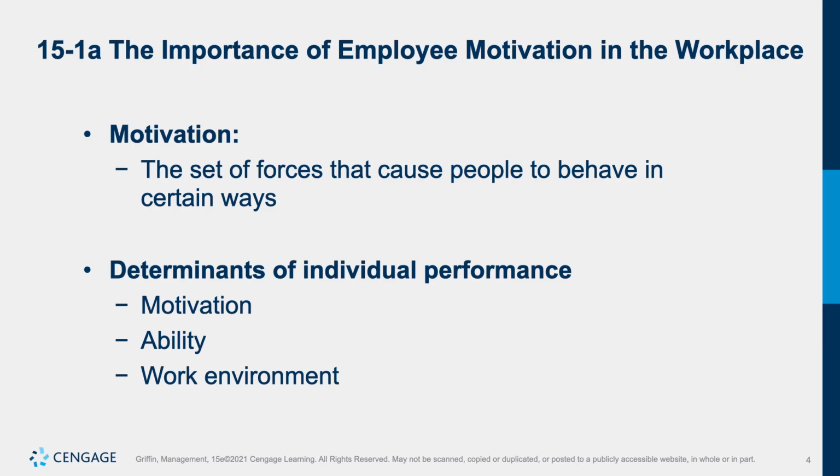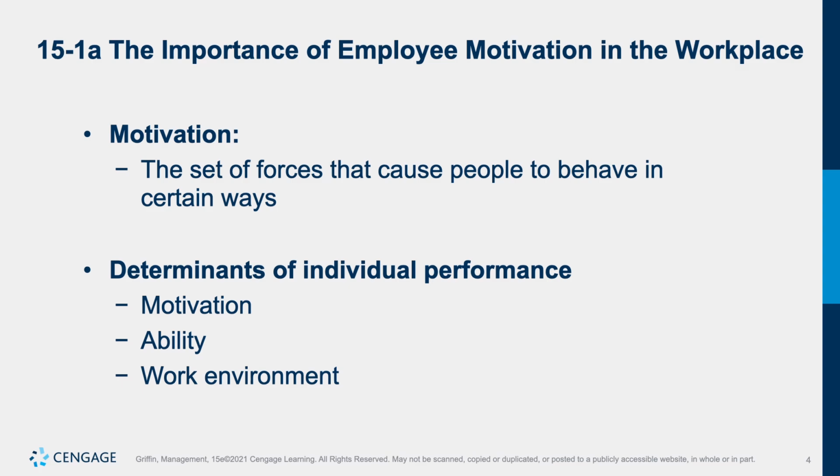That would be the capability to do the job. Now, the third determinant of individual performance will also be the work environment, right? How conducive is the workplace for the employee, or are they equipped with the necessary resources that they need to get the job done?